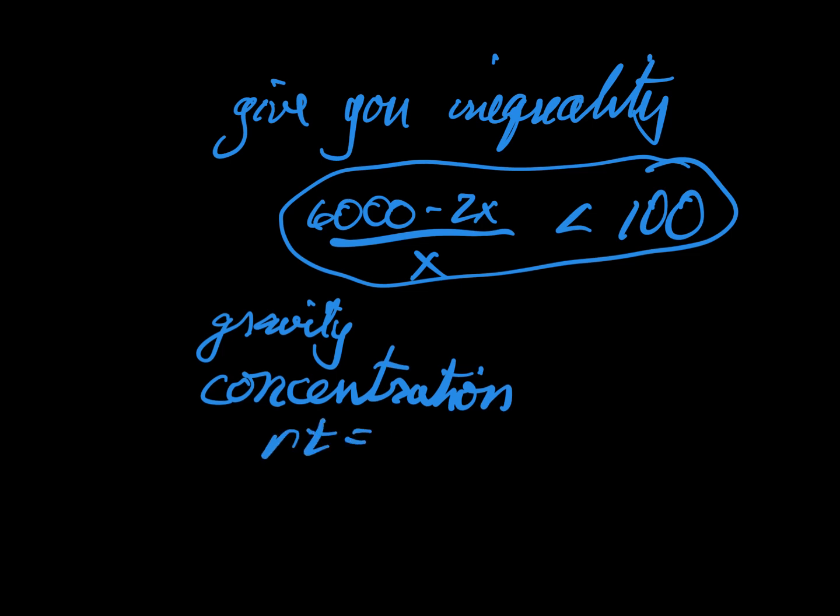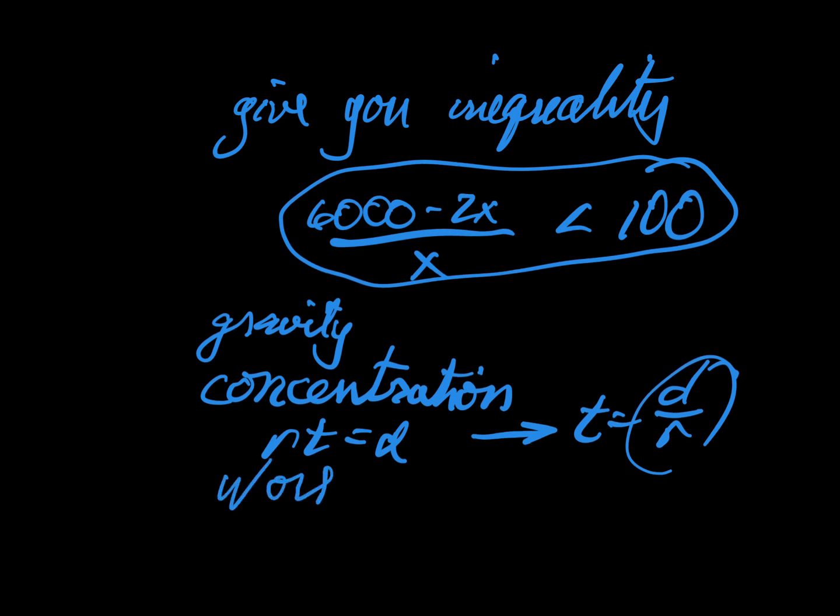Even rate times time equals distance problems, if you rewrite it as time equals distance over rate, all of a sudden that becomes a rational equation and then could become a rational inequality. So just beware of that. These are the types of real world problems. The other one is work type problems, where if you rewrite the formula, it becomes a fractional form, and then you can make it a rational equation or inequality. Okay?